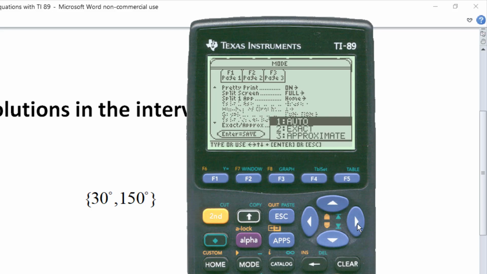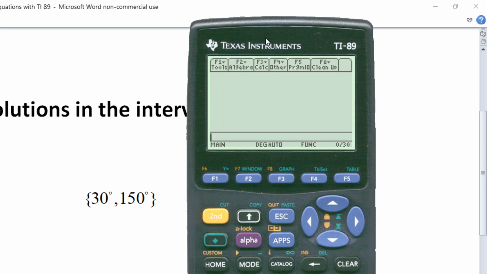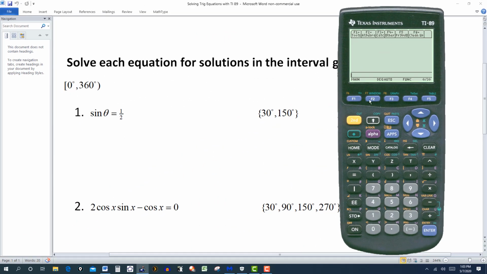Otherwise, it'll give you its approximate form. You can have auto, exact, or if you want an approximation, you can have approximate. 1 and 2 pretty much give you the same answer. So I used to have it in auto. Okay, so let's go to the first equation.